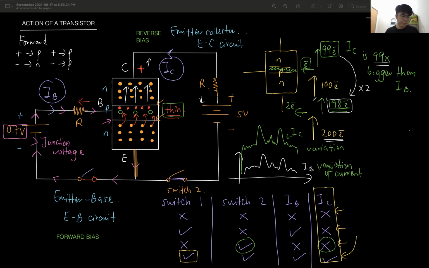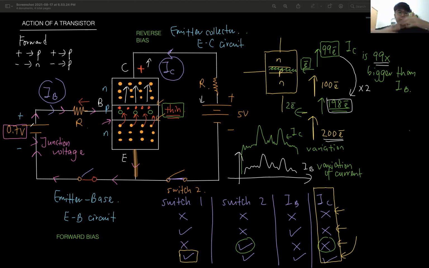Okay, so if you connect the base circuit to your microphone, you speak to the microphone, so there's a variation of current. The microphone changes the voice into variation of current.